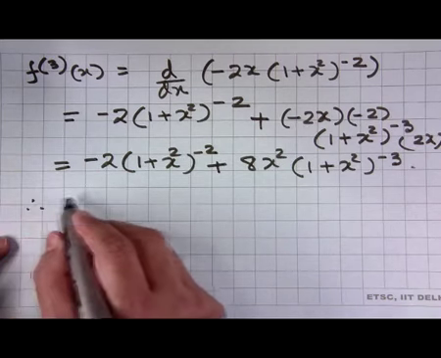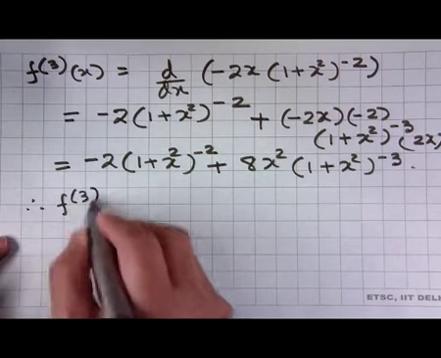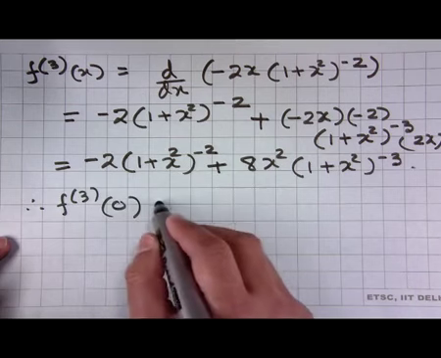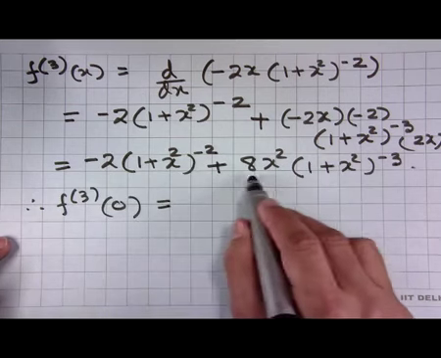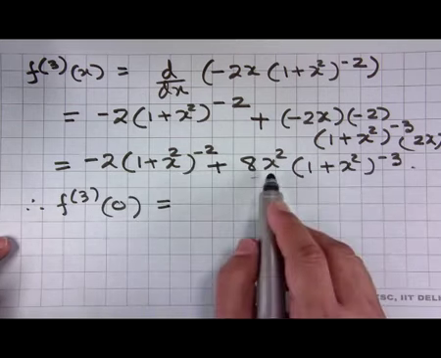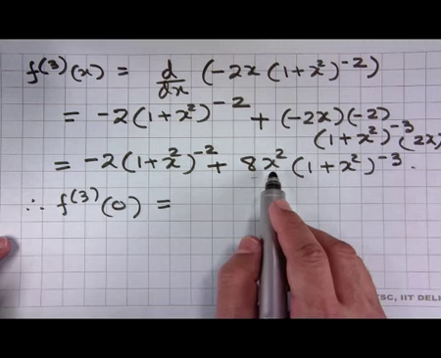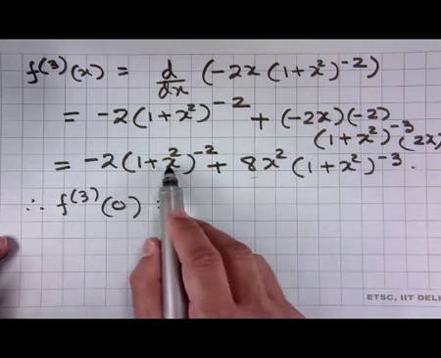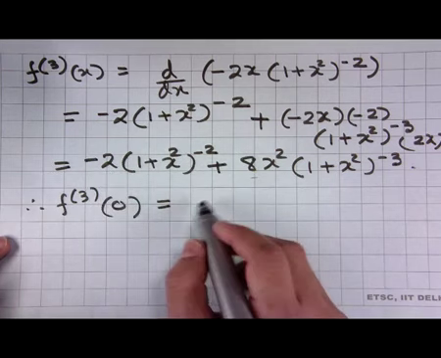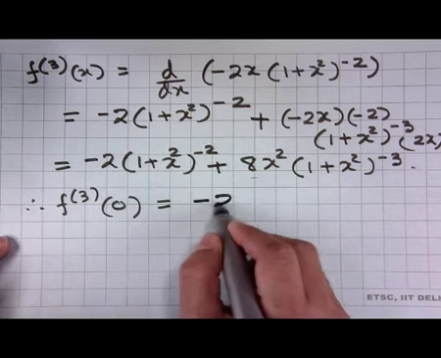Therefore, the third derivative at 0: this term becomes 0 when we put x equal to 0, but here by putting x equal to 0 we get minus 2.